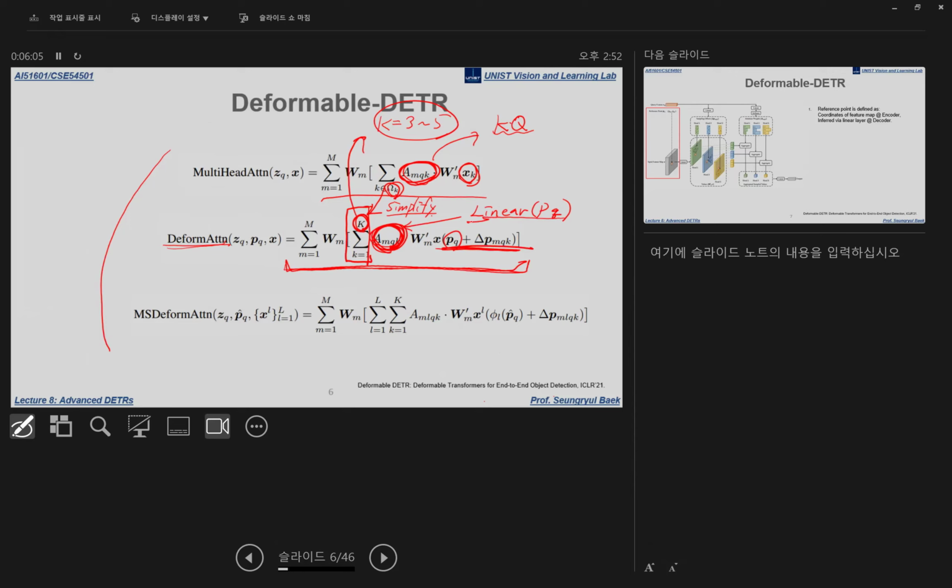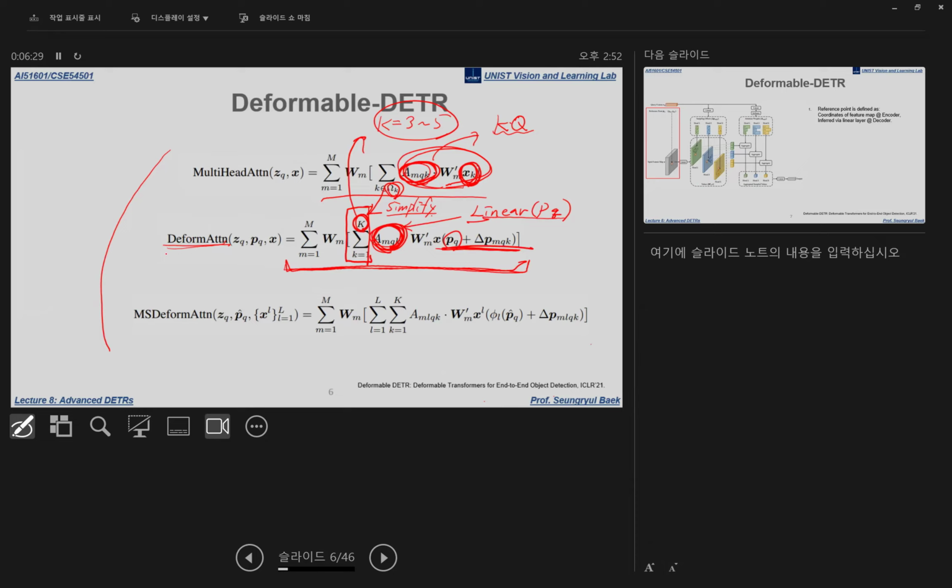Previously, calculating the A matrix required quadratic complexity because we were multiplying all the keys and all the queries, and also considering all the dense pixels in the 2D feature as the value vectors.